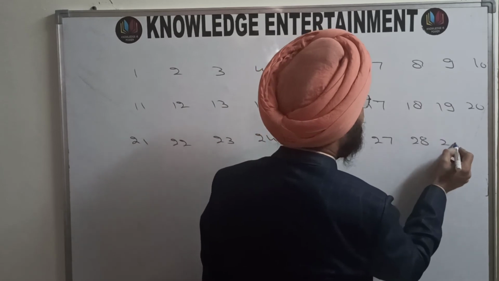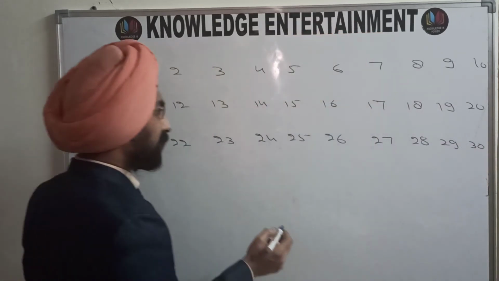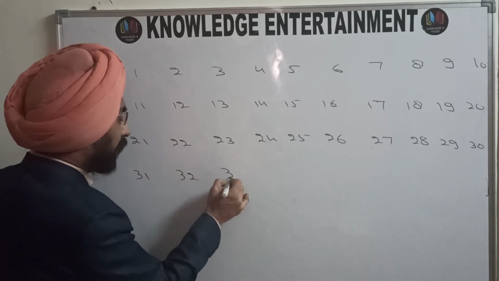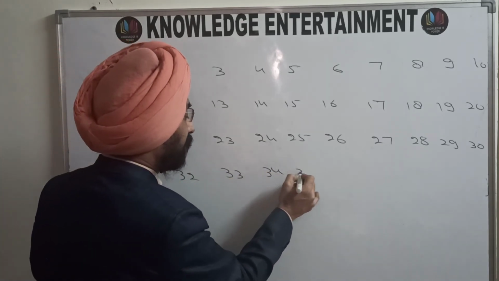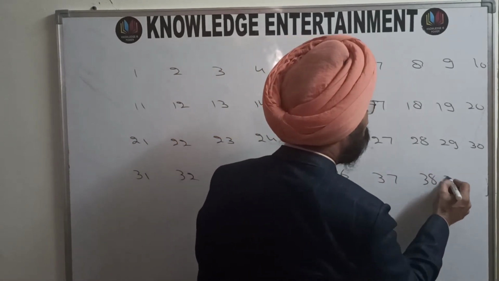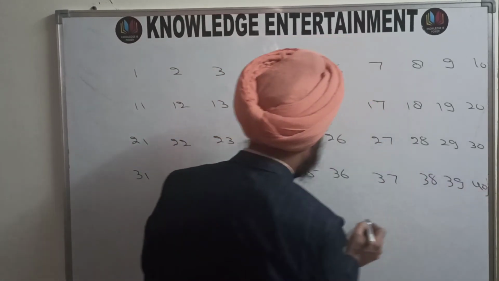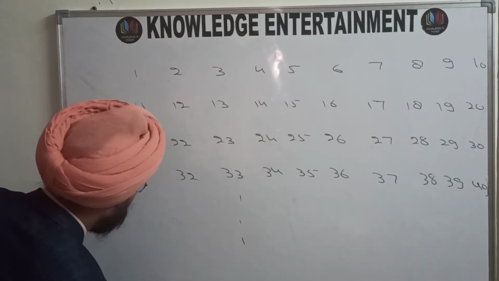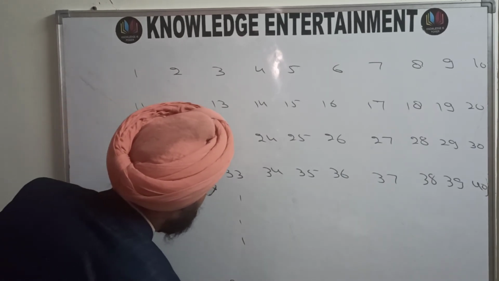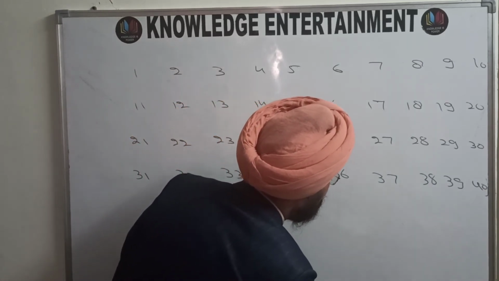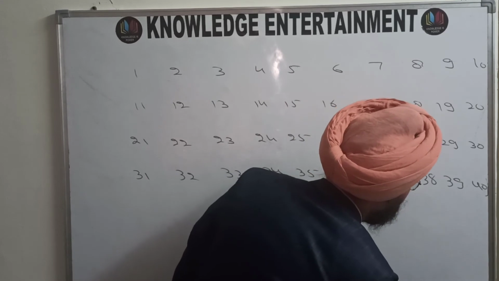It is very easy to apply. I'm not going to write all of them because it will take too much time. I'm directly going to 91, 92, 93, 94, 95, 96, 97, 98, 99 and 100.